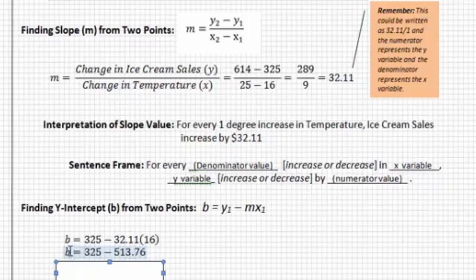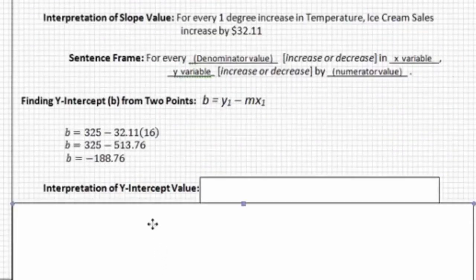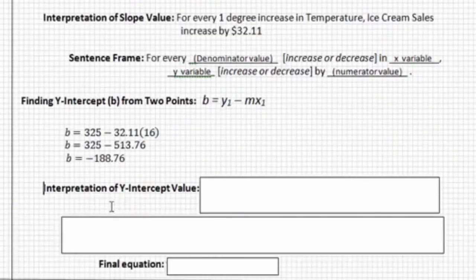Now I need to find my B value, which will equal 325 minus $513.76. And when I do that, I come up with B equals negative $188.76. So again, we want to ask, what does that mean in the interpretation of our story problem on ice cream sales?